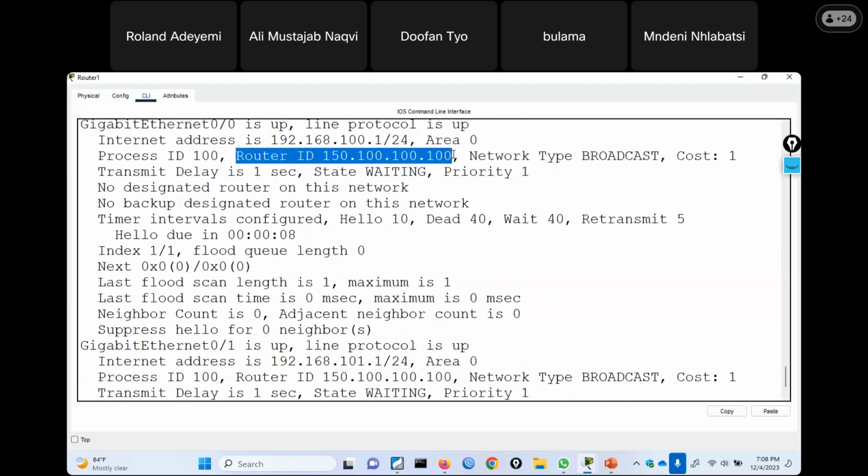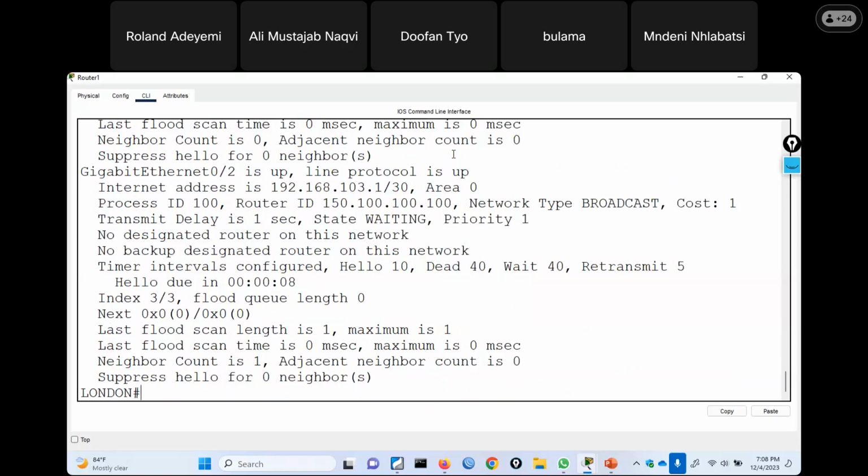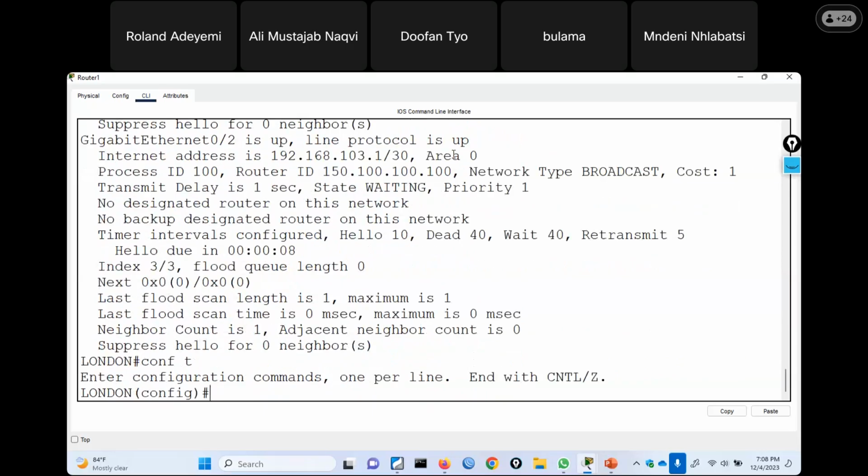If you don't have any business with the physical interface addresses, it will only pick the logical loopback interface address. But most of the time, this is not what we want. We want to override this. So how do we override this? We do this: router ospf 100. Were we using 100?